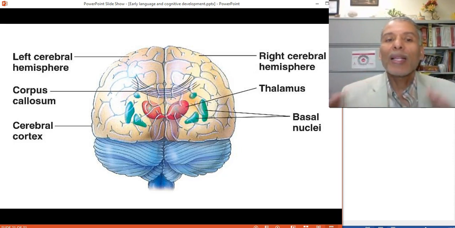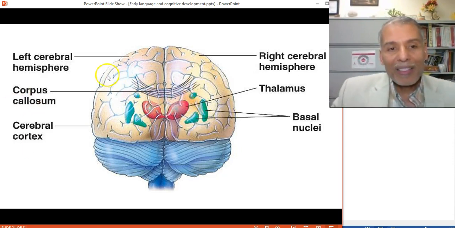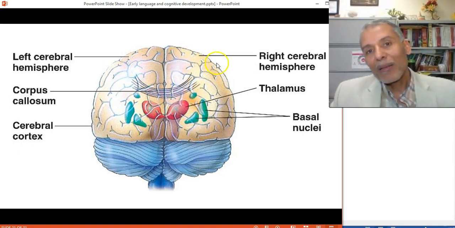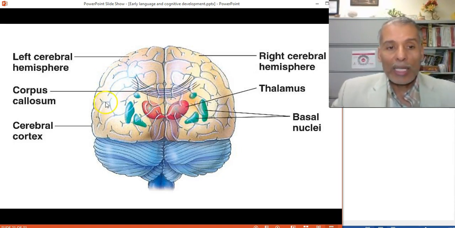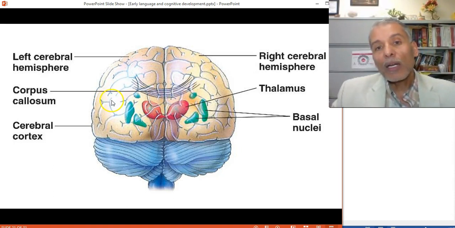But it doesn't mean that the same areas on each side function the same. Like I mentioned, Broca's area is only on the left side of the brain. Wernicke's area is also only on the left side.